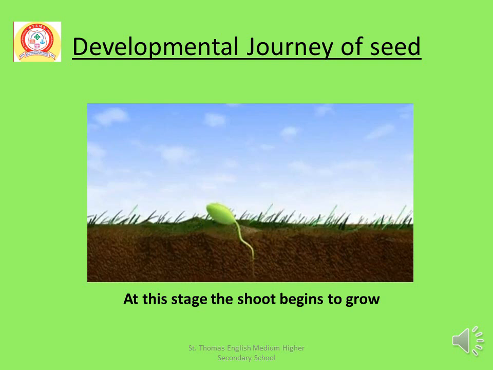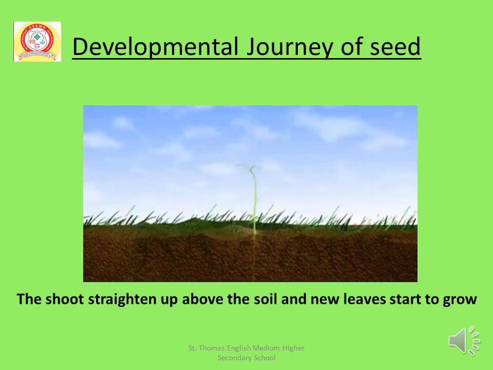The shoot is bent over and it pushes up from the soil. Once it is above the soil, it straightens up and new leaves start to grow.